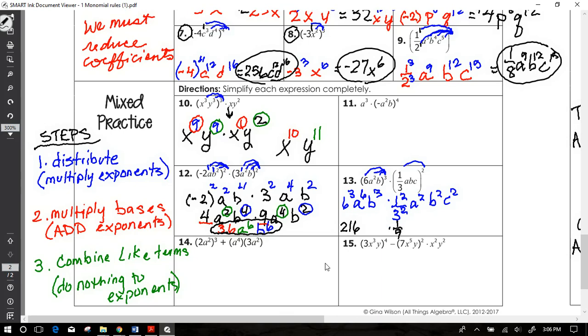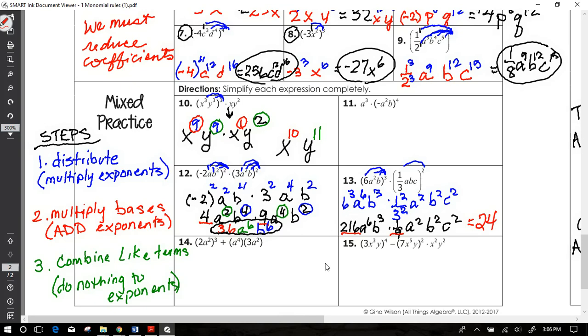Okay, now I'm going to bring down all my variables. So a to the 6th, b to the 3rd, a squared, b squared, c squared. And now I'm ready to do the red step, which is to multiply the bases. So 216 times 1 over 9, this times this is 24.